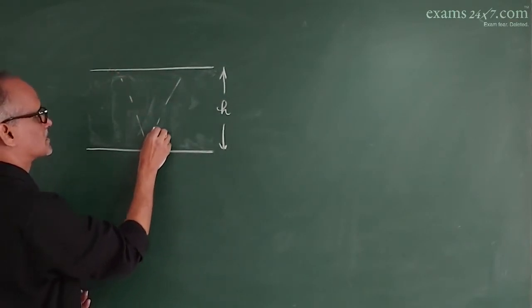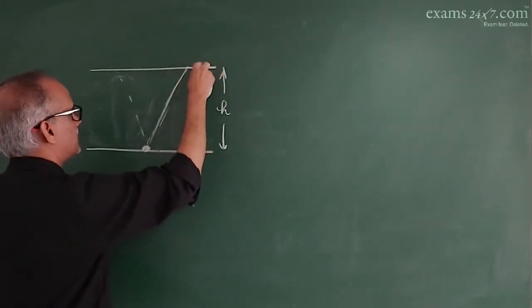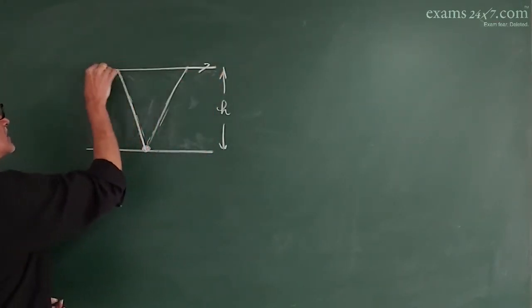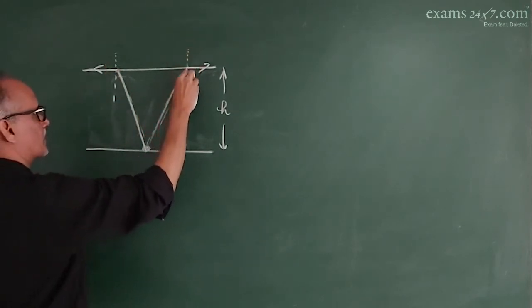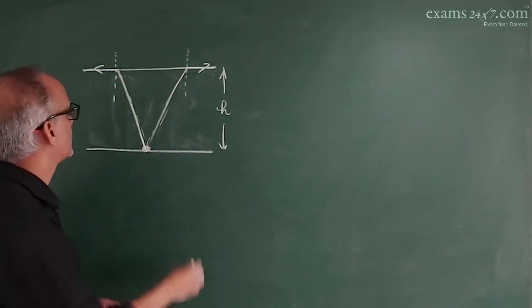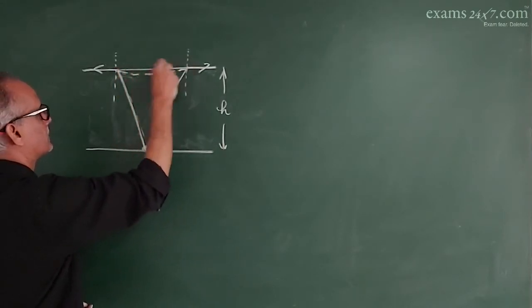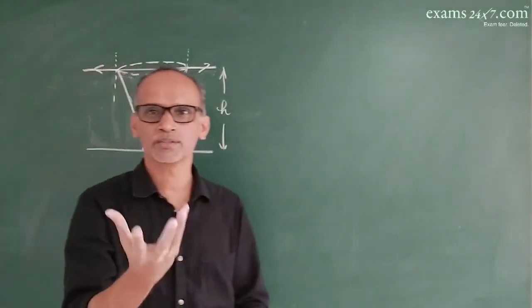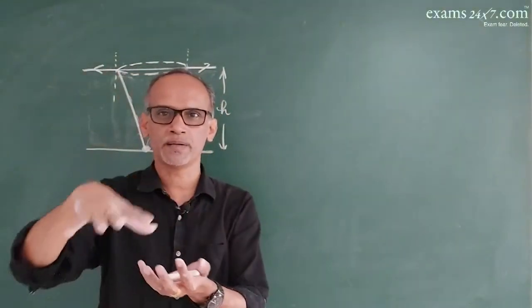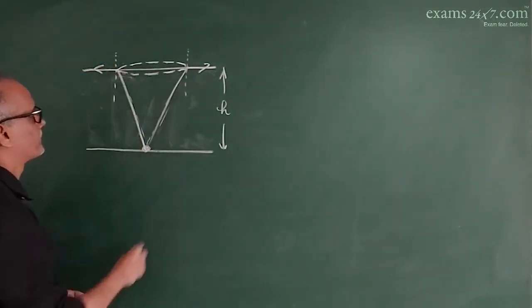Once it reaches a particular angle, it undergoes total internal reflection like this. First it grazes, beyond that it undergoes total internal reflection. So only this portion of the surface of the pool gets illuminated, and the illuminated part has a circular shape.